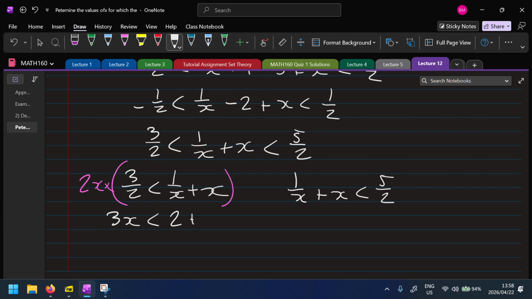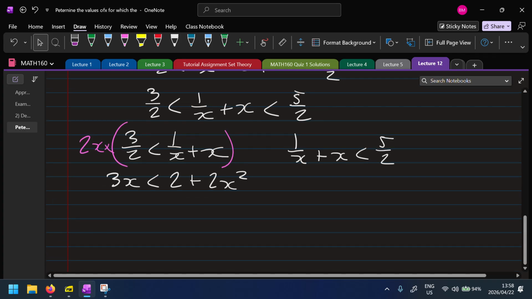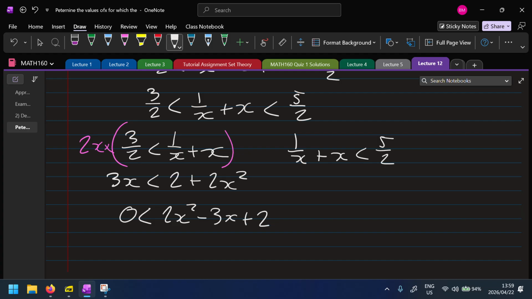Other side, we're left with 2 and 2x squared. It's a bit easier than working with fractions, but if you want to keep the fractions, that's fine as well. So we have 0 is less than 2x squared minus 3x plus 2. Again, nice quadratic. We can solve for x there.